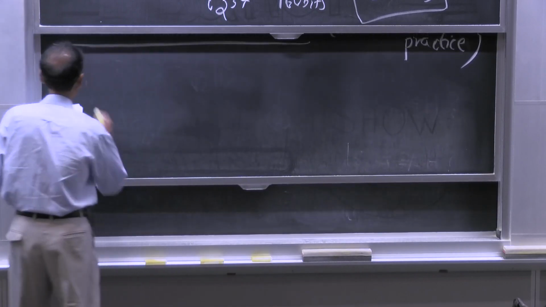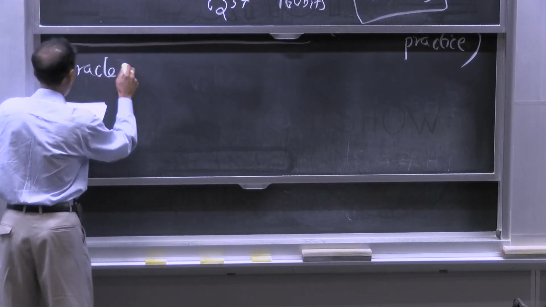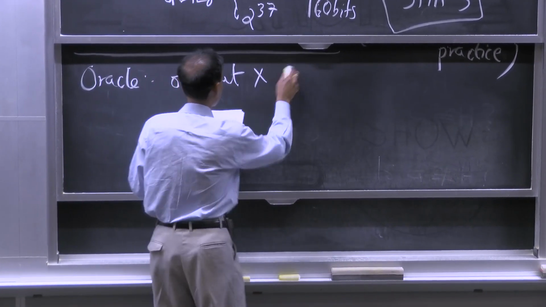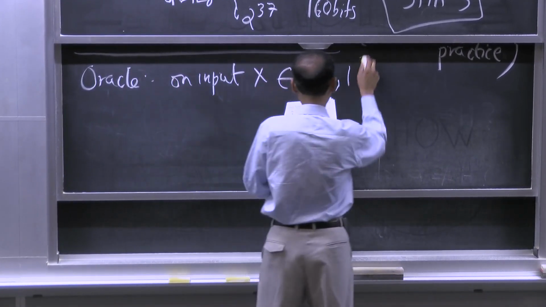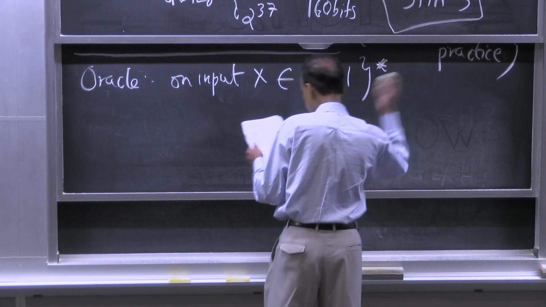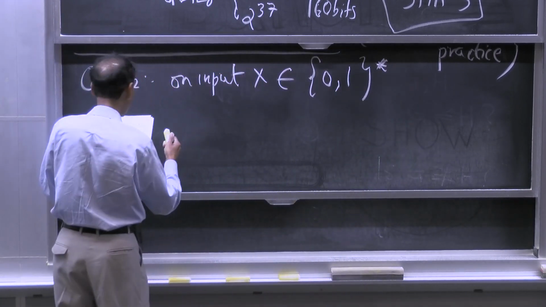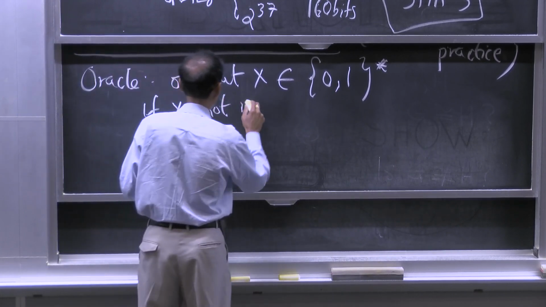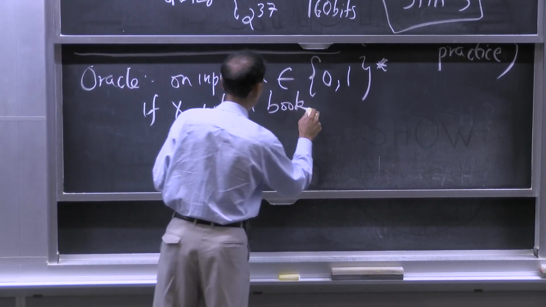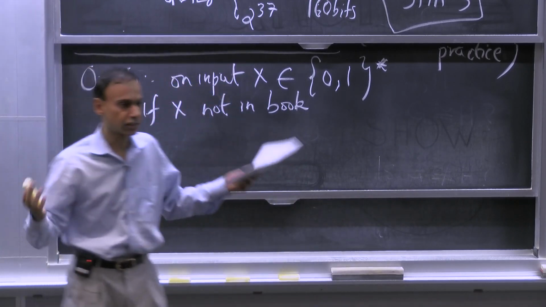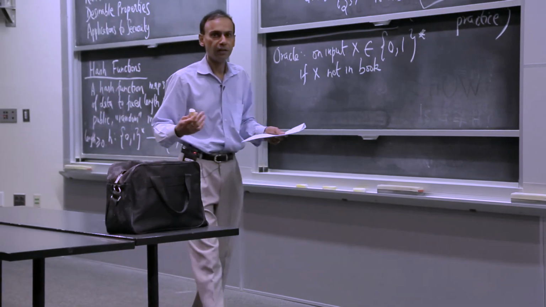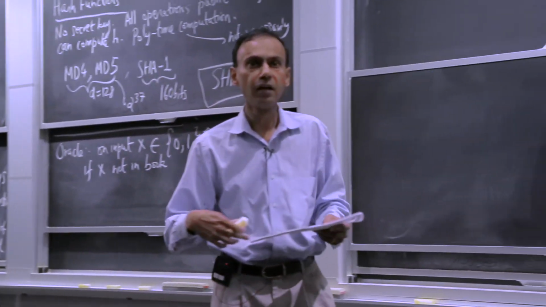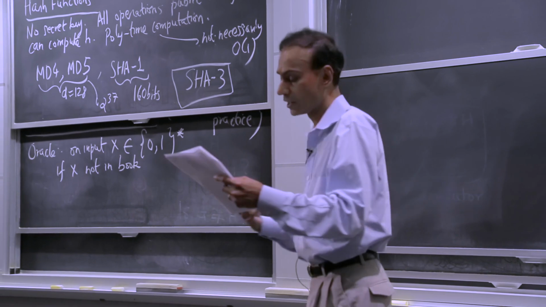So what is this oracle? This oracle is on an input x belonging to {0,1}*. So that could be an arbitrary string. If x is not in the book, so there's this book, all right? And this is this infinite capacity book that has all of the computations that were ever done prior, and they're always stored in the book.